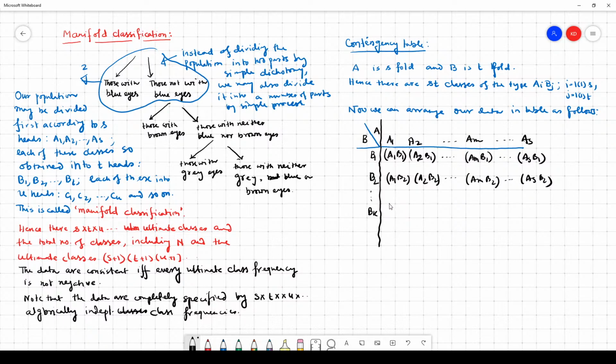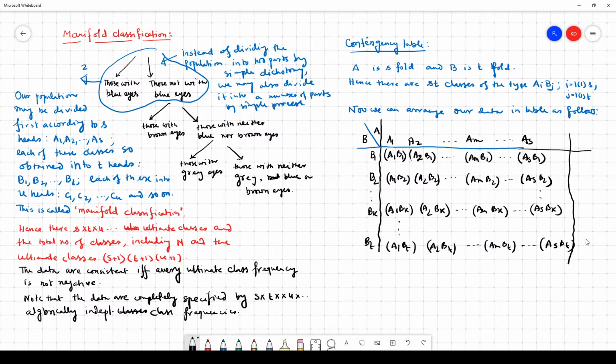Then BK: A1, BK, A2, BK, up to AS, BK. BT is the last row: A1, BT, A2, BT, up to AS, BT.